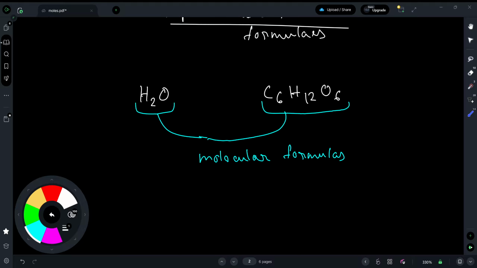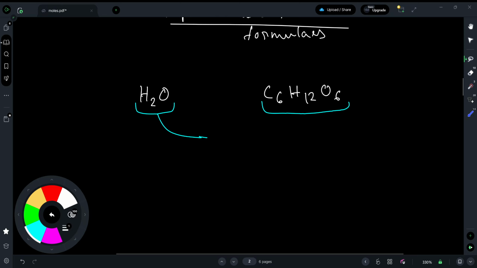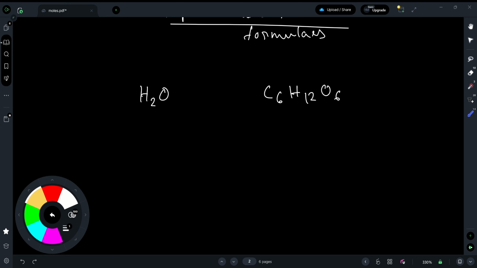Now, what the molecular formulas actually represent is the ratio of atoms in this compound, right? The ratio of atoms. So if you think about water, this just means there are two hydrogens for every oxygen. There's nothing beside the oxygen, so let's just write 1. So this is just the ratio, 2:1.